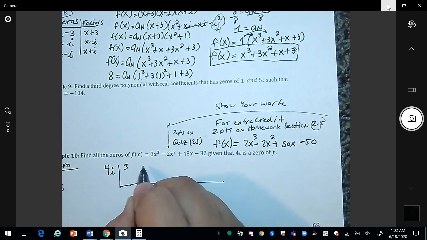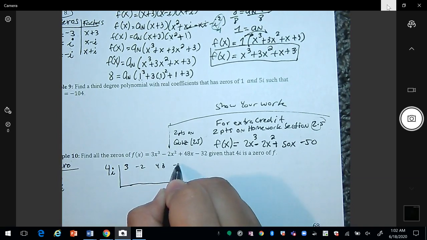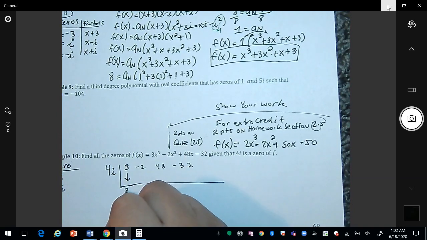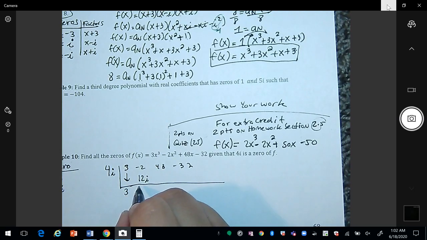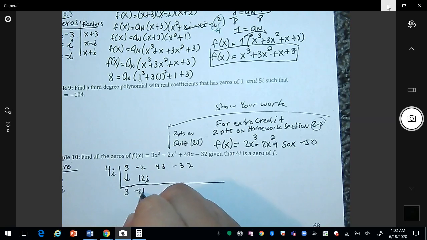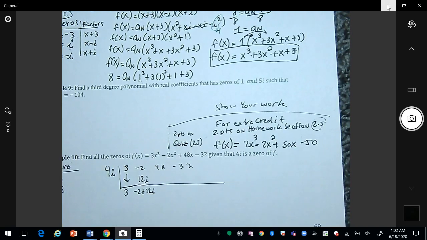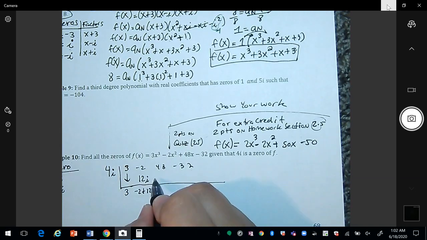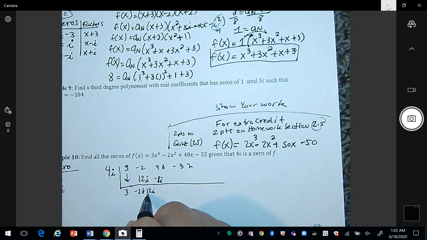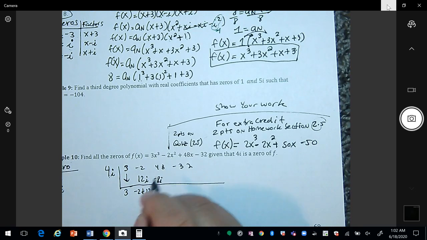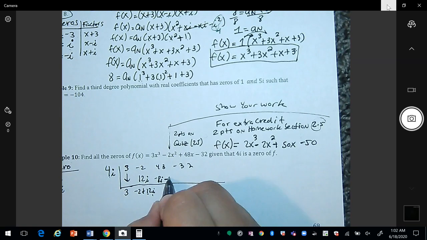So my coefficients are 3, -2, 48, -32. Bring down the 3, 4i times 3 is 12i. -2 plus 12i, and then multiply that times 4i. So 4i times -2 is -8i, and 4 times 12 is 48, times i is i squared. i squared can be replaced by a -1, so we get -48.